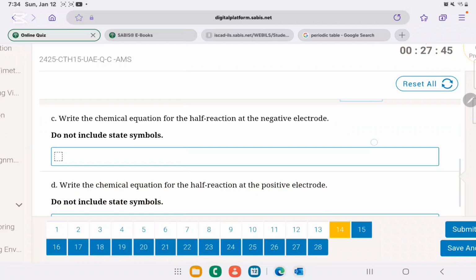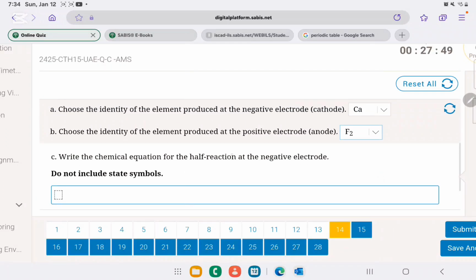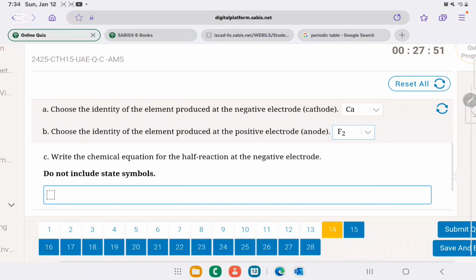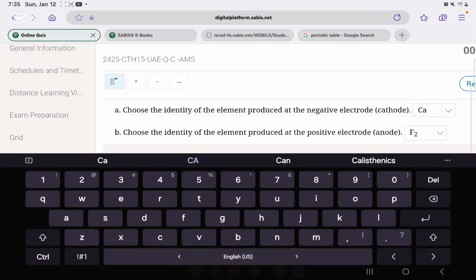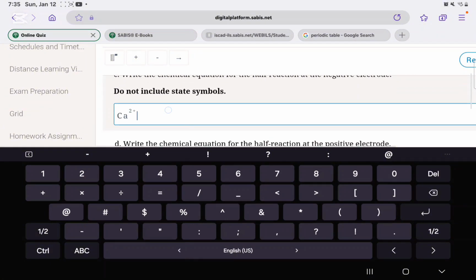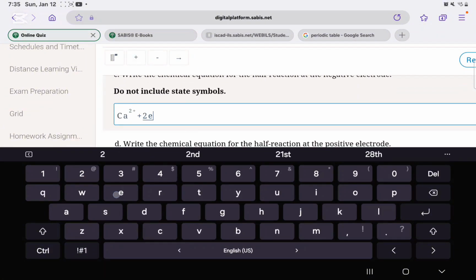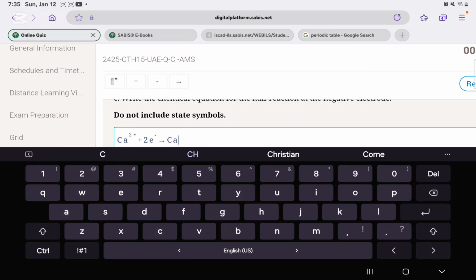Now for the half reactions, at the negative electrode we have reduction, right? And reduction, we have electrons in the reactants, so Ca2+ plus 2e- to give Ca.